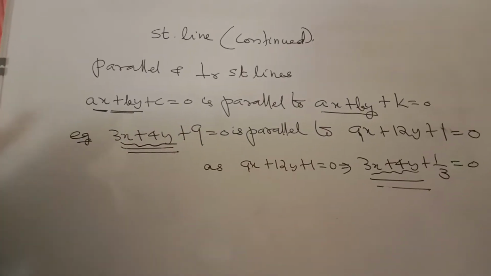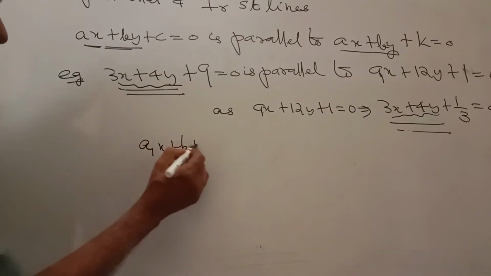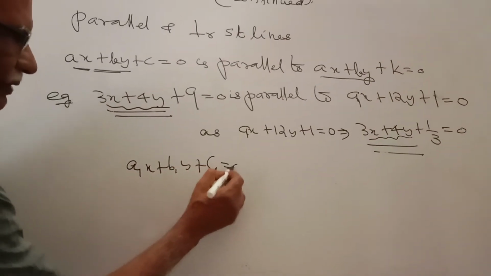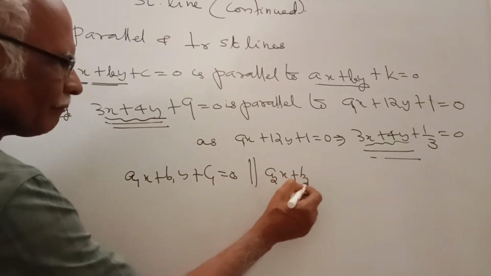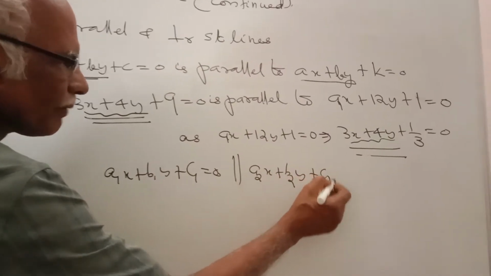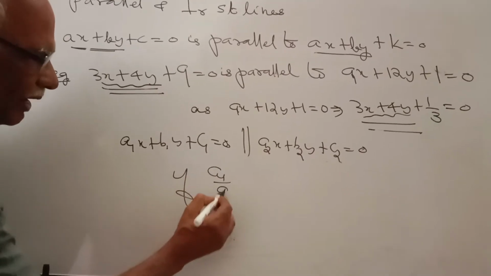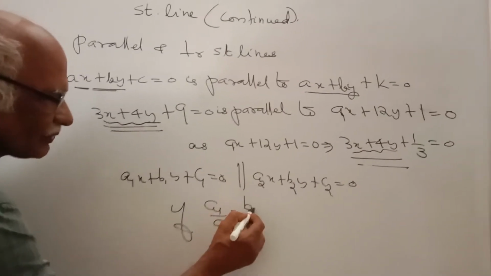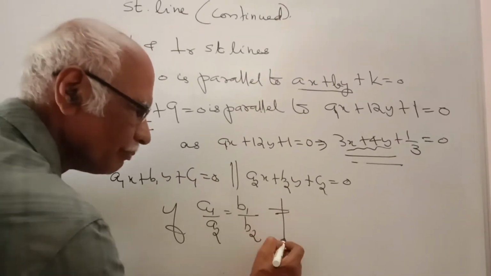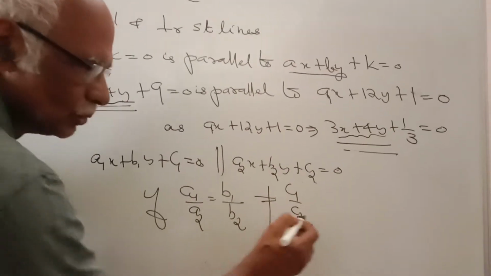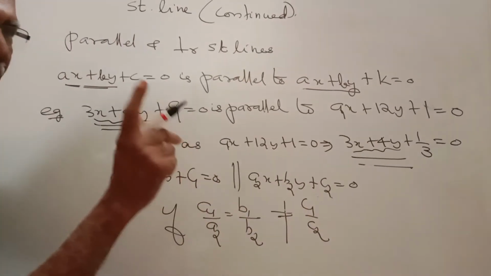So they are parallel. See, a1x plus b1y plus c1 equal to 0 is parallel to a2x plus b2y plus c2 equal to 0 if a1 by a2 equals b1 by b2. Remember, this should not be c1 by c2 because if all these three are equal, we are getting only one line.